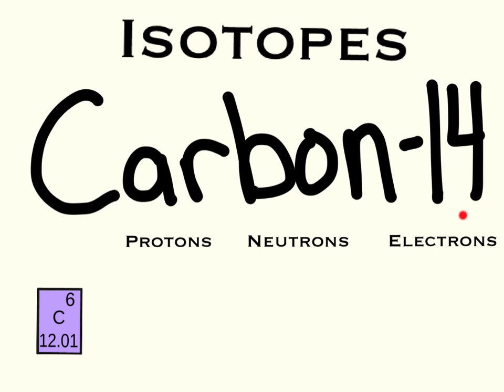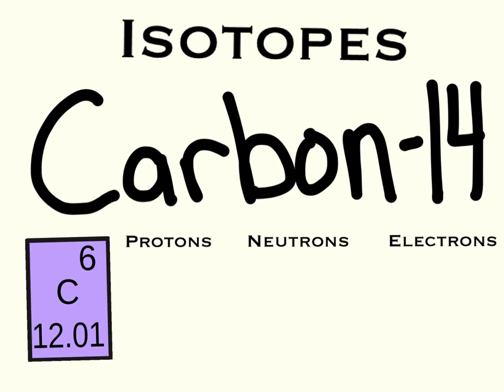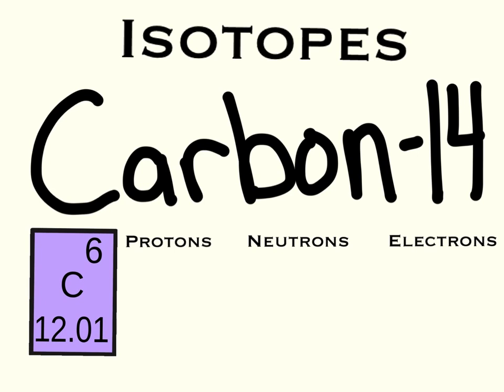Remember, atomic mass is the number of protons and neutrons in the nucleus. If you look at carbon's chemical symbol, you can see that these two numbers here are different, right? That 12, which is on the periodic table, is not the same as this 14. But right now we're talking about a carbon that has 2 extra neutrons in it.